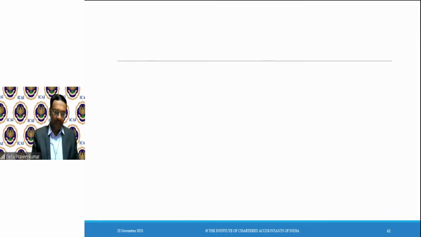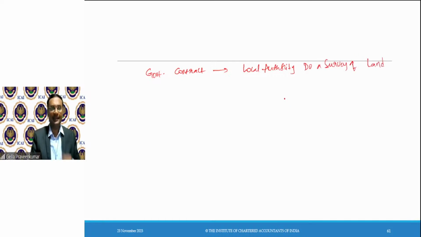Now, let us take an example of a government contract. For a moment, let us assume that there is a local authority who wanted to do a survey of a particular land.